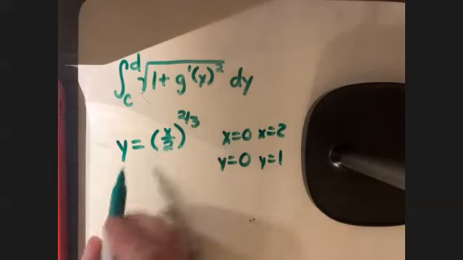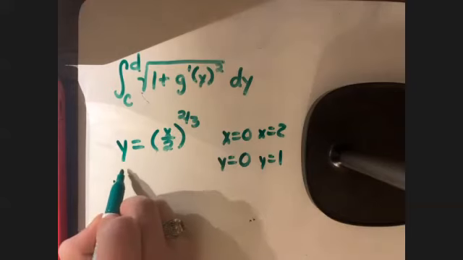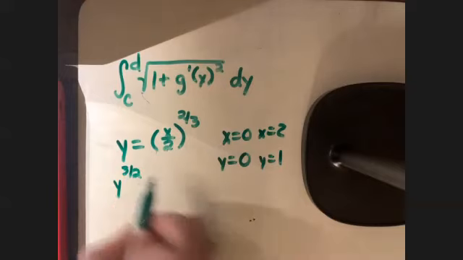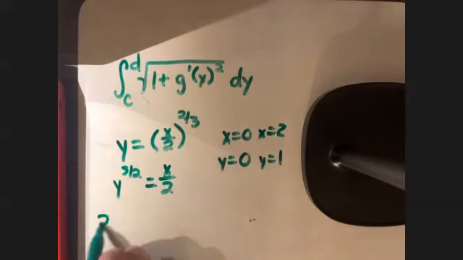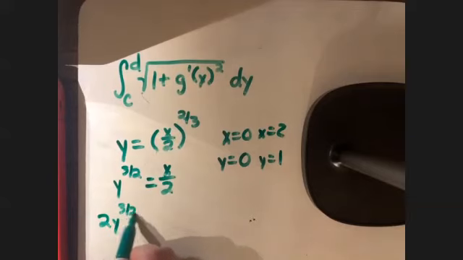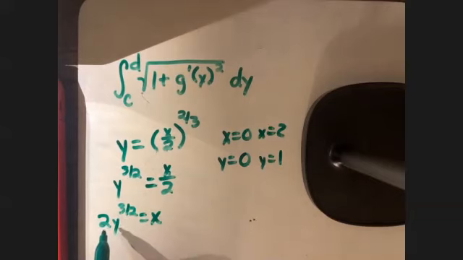Okay, so solving this for x so that I have it in terms of y, if I do the reciprocal power over to the other side, I now have 2y to the 3/2 equals x, okay? This is slightly cleaner looking than we had before, but this is now our integration stuff, okay?